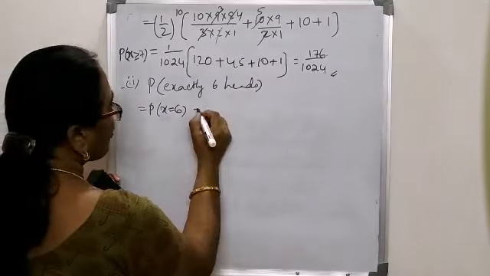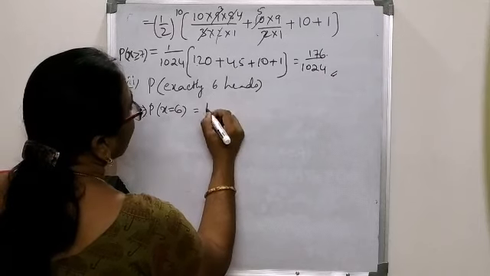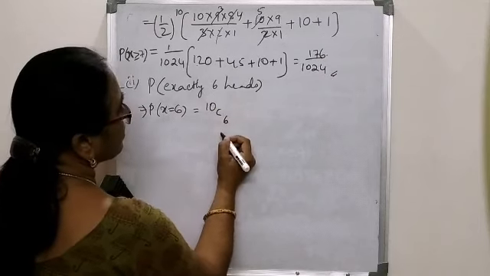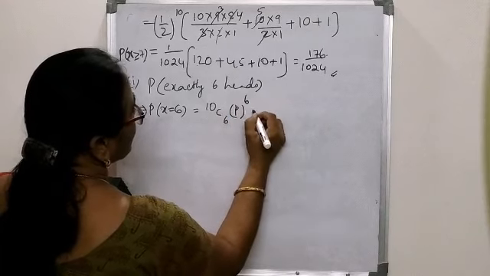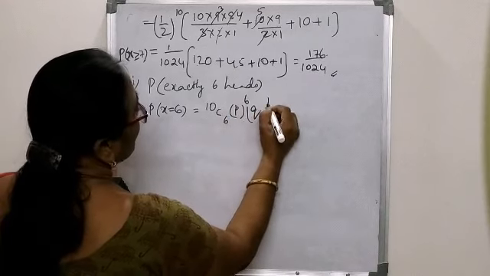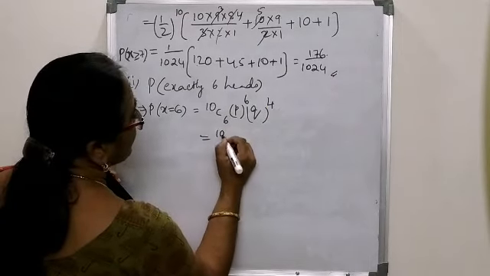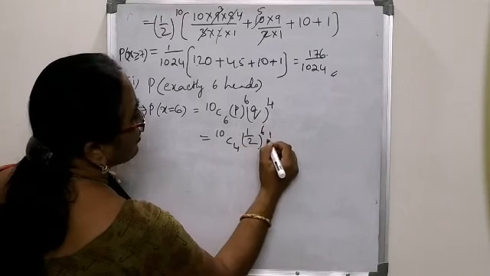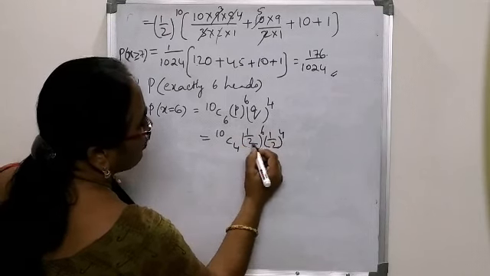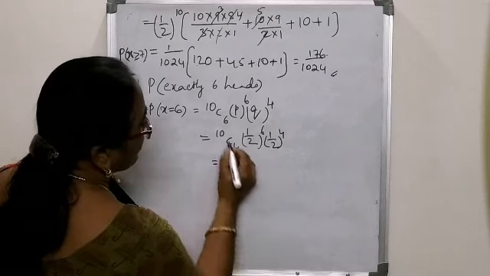And according to the binomial theorem, out of 10 trials we have 10c6 into p to the power of 6 into q to the power of 10 minus 6, 4. So 10c6 is 10c4 also. P is 1 by 2, q is also 1 by 2, so we have 1 by 2 power 10 outside.